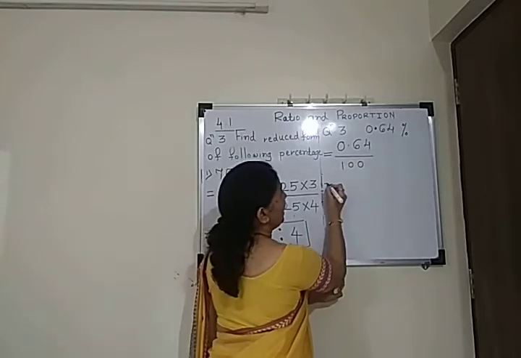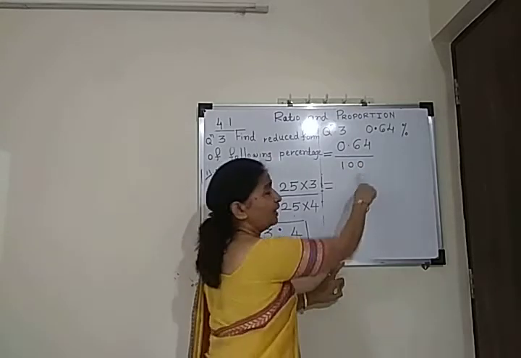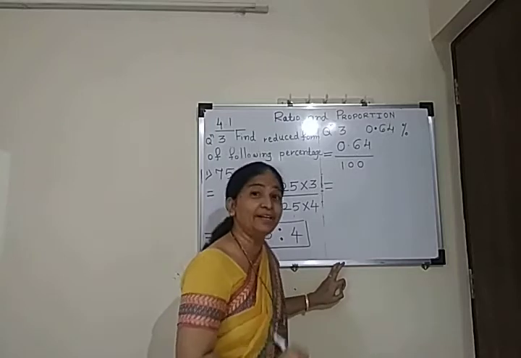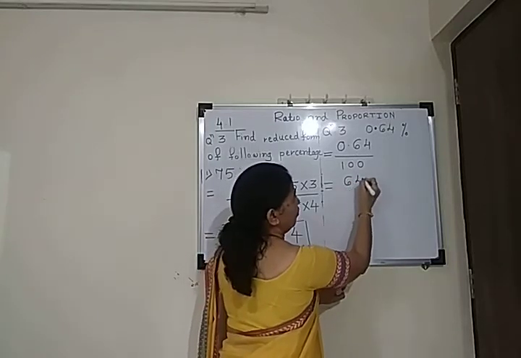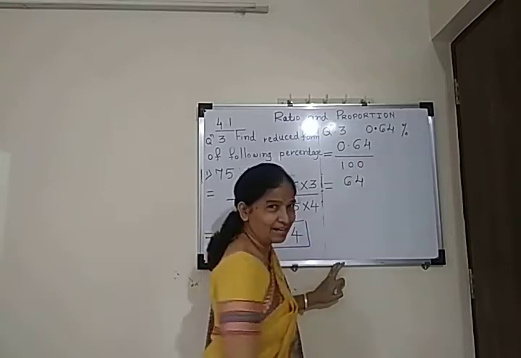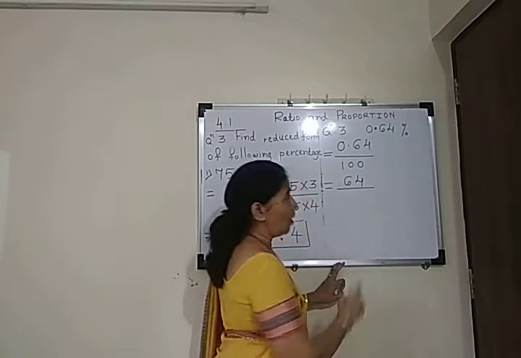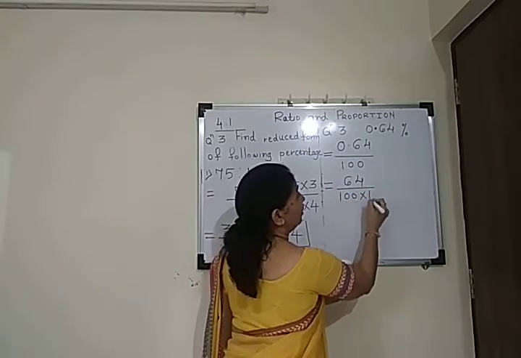So, I will write 0.64 upon 100, no? So, I will make it slightly easier and I will write 64, because 2 zeros are here, upon this 100 into 100.